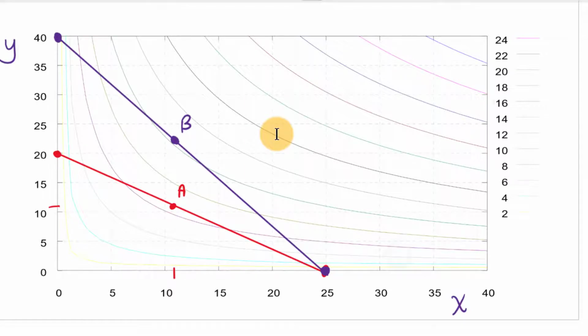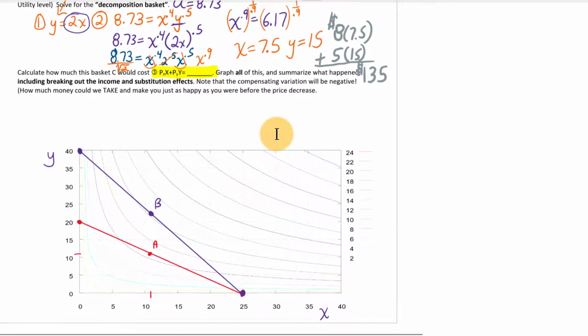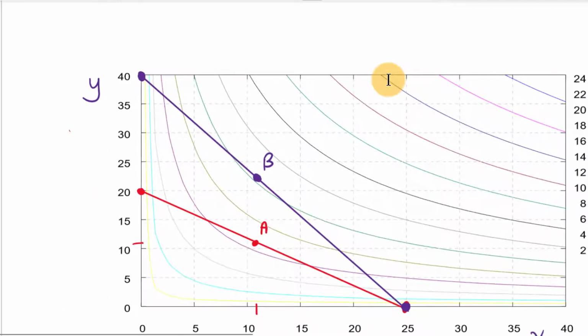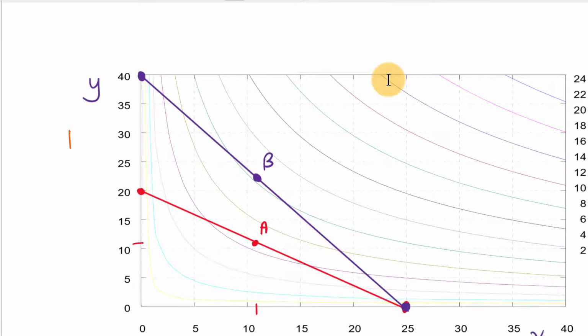Now our final solution, our budget is $135, and to draw this budget line, we're going to take the price of X and the price of Y and divide 135 by those prices. And so up here, let me choose blue here, 135 divided by $5.